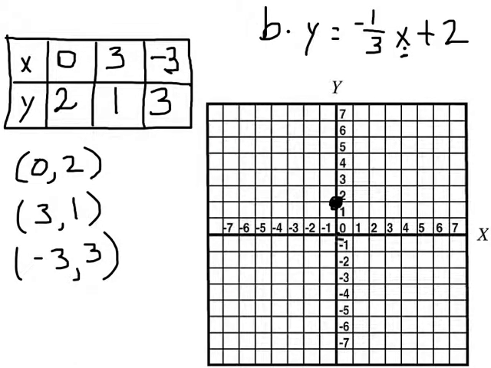Over 3 to the right and up 1 would put us right here. And over 3 to the left but up 3 would put us right here. So this is our line, and we're just going to connect the dots, and that is a linear equation.